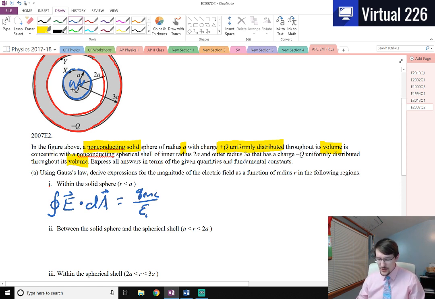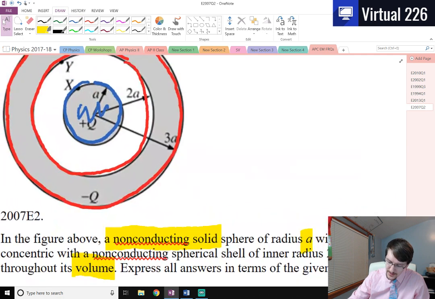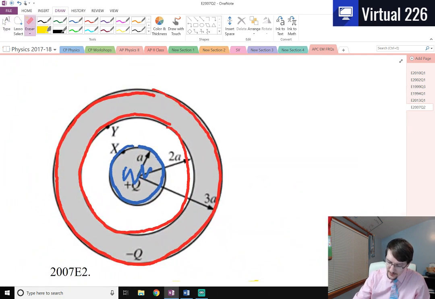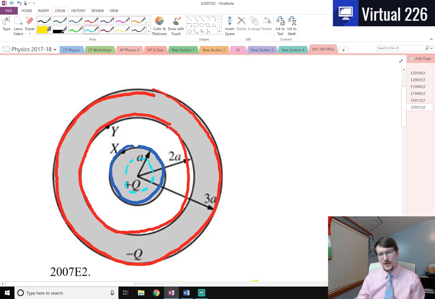And basically what we're trying to do is set up some sort of Gaussian surface, some sphere tucked within the sphere of charge, and figure out how much charge would that hold? Because then at this point we could determine the electric field there.